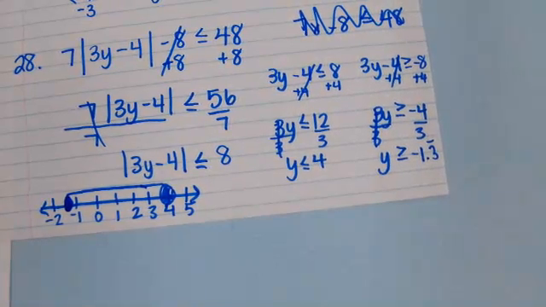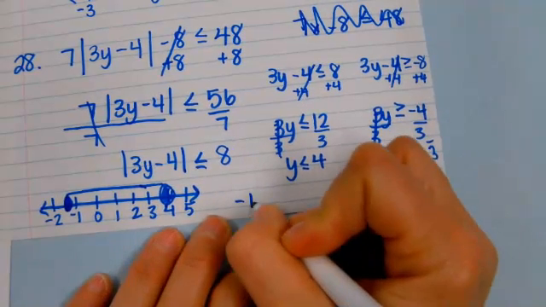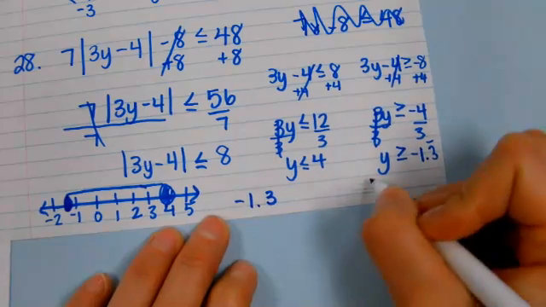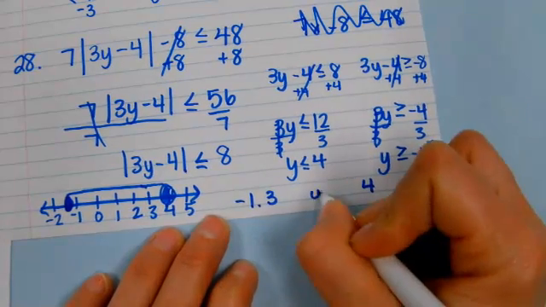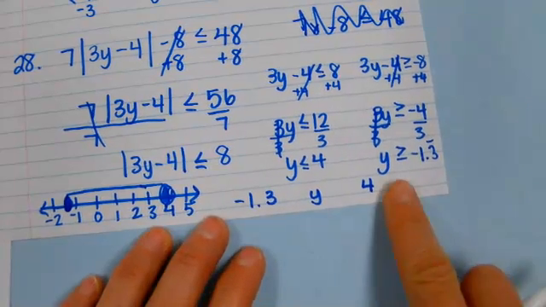So now here is the important part. This is why I want you to get in the habit of rewriting them, okay? What I need to do is put this back together because it's an and. All right, what's my lower limit? Negative 1.3. My upper limit is 4. Y is in the middle. Now this is how I do it.